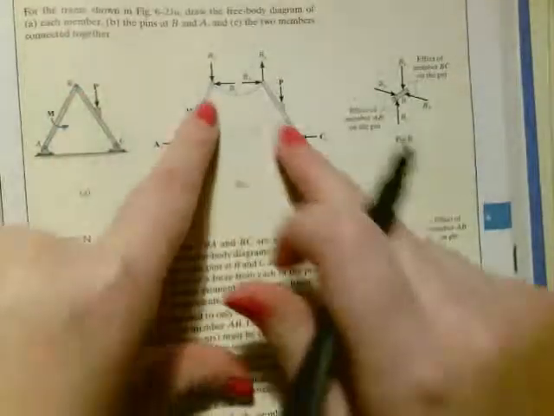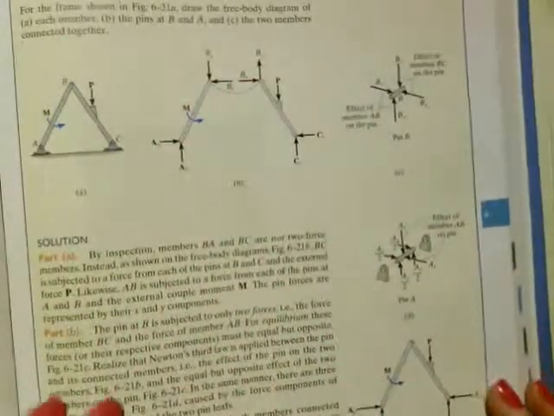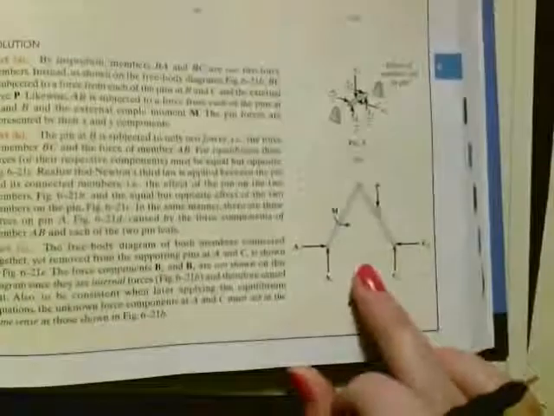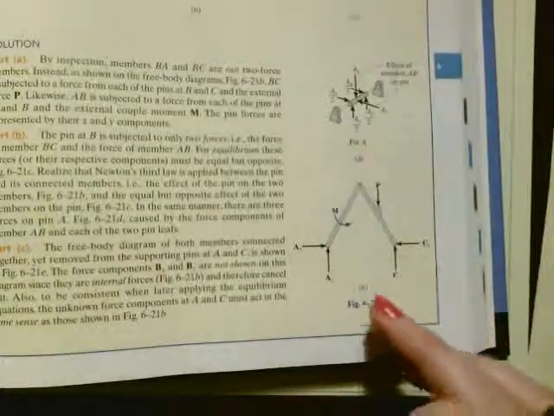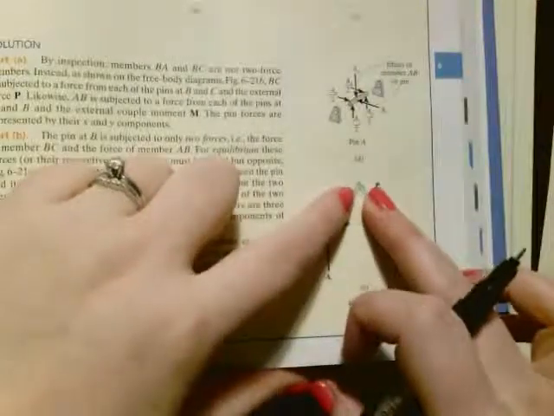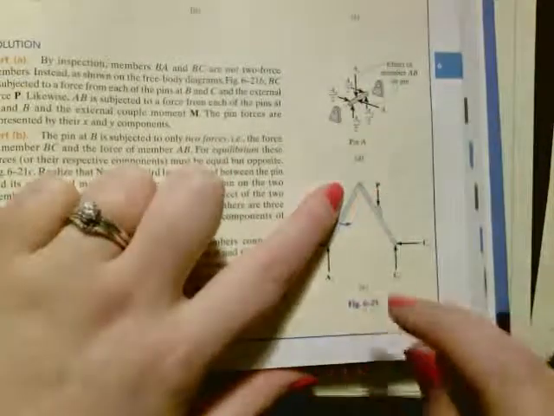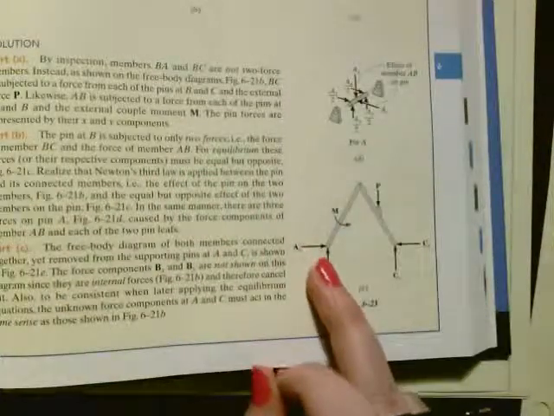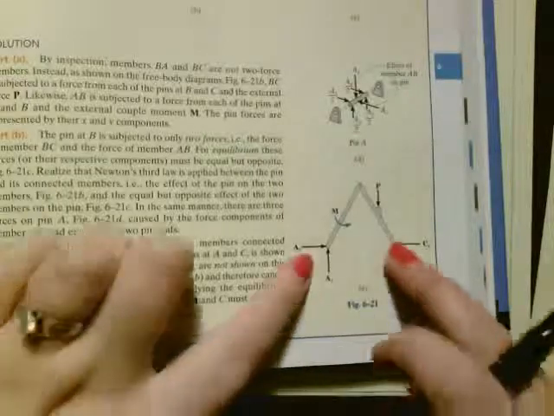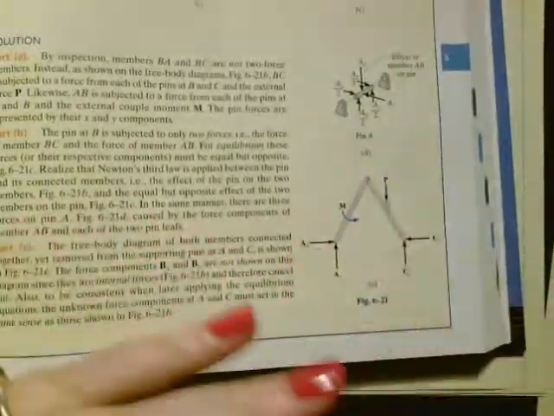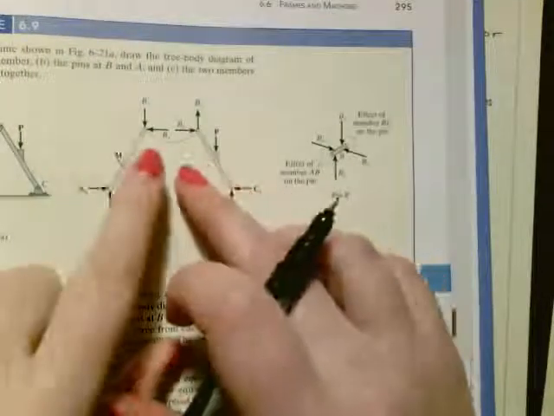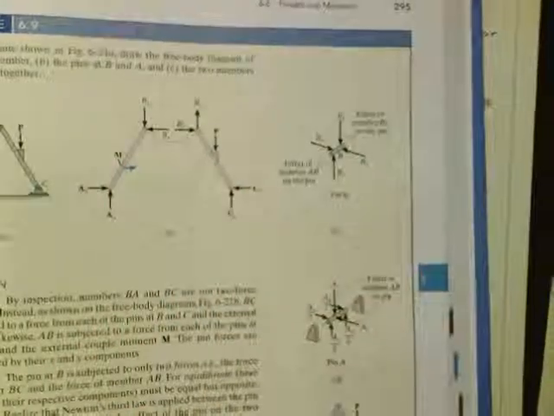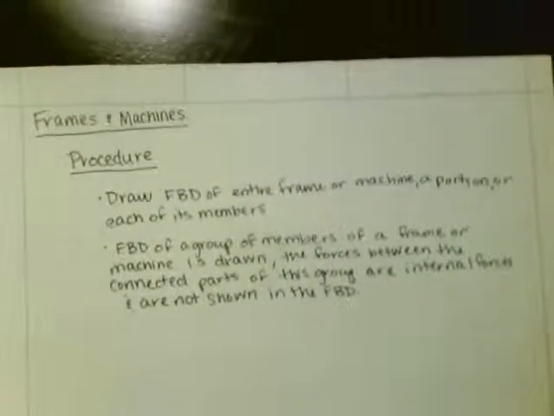But if you were to draw a free body diagram of the entire machine, or frame in this case, you don't see Bx and By, because those are internal forces when you're doing the entire thing. So that's all that is saying. If you're going to draw the entire machine, a pin connection like that doesn't have a force, but if you break it up, they're going to be equal and opposite at that pin connection, which is our next step.